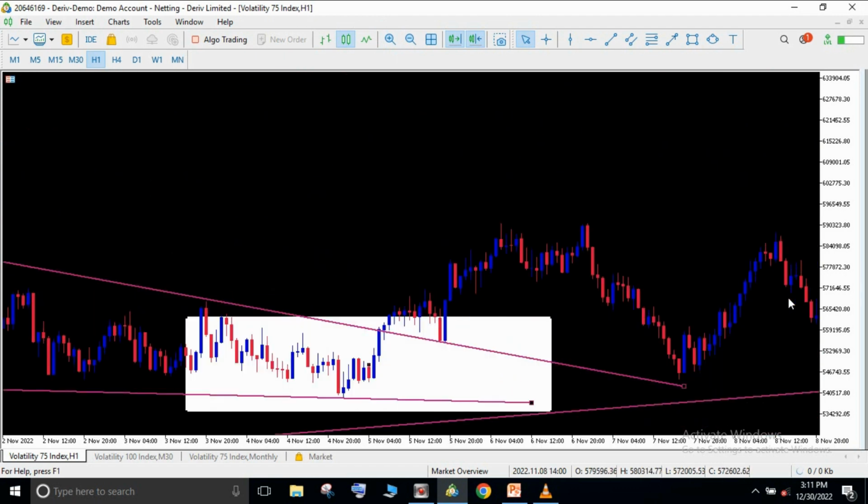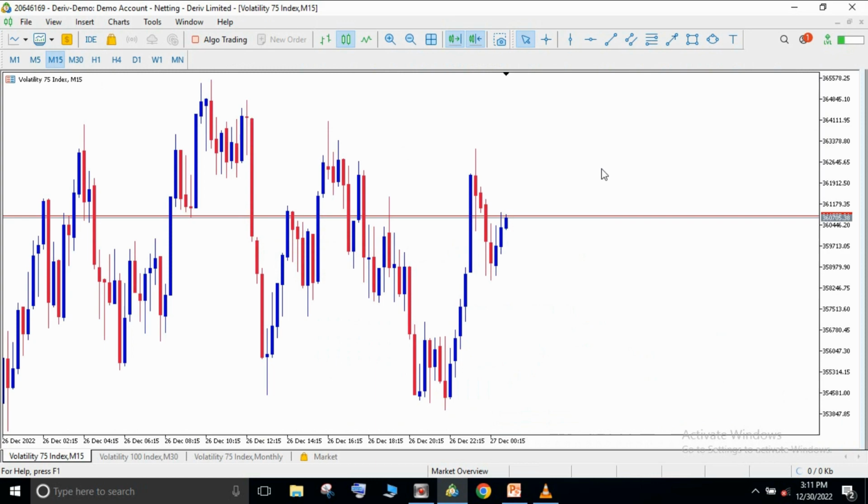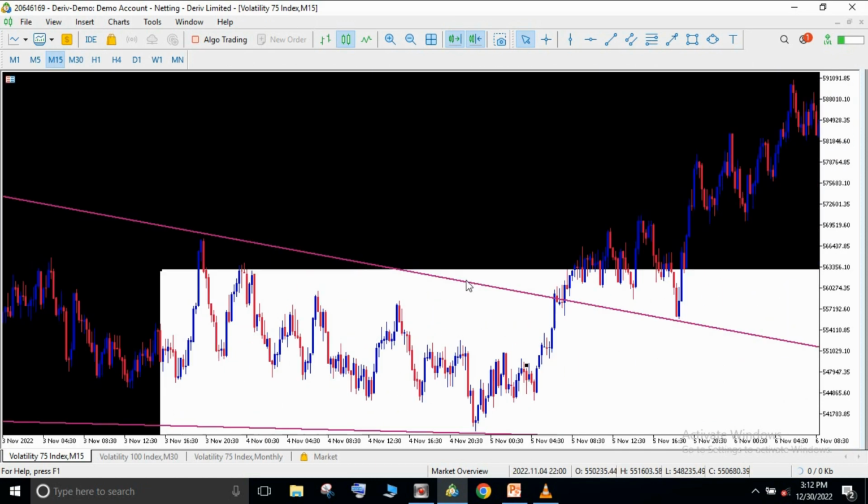And we see, do we have any other trend line? No, we see the H1, we are still in the same zone. So we go to minute 15, guys.